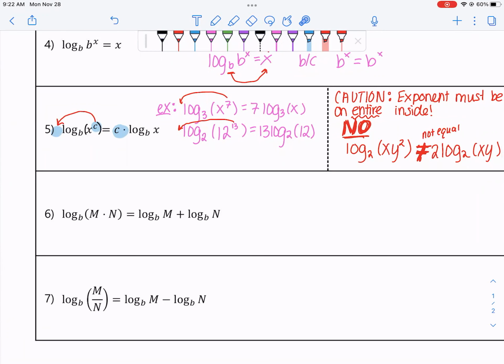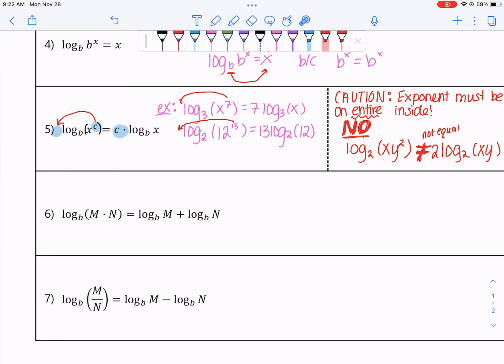All right, first important property. These last 3 are about to be used a lot in this section. Property number 6. If you have multiplication on the inside of a logarithm, you can split up the logarithm into 2 different pieces with addition.